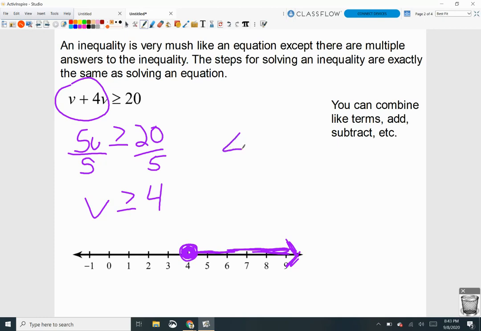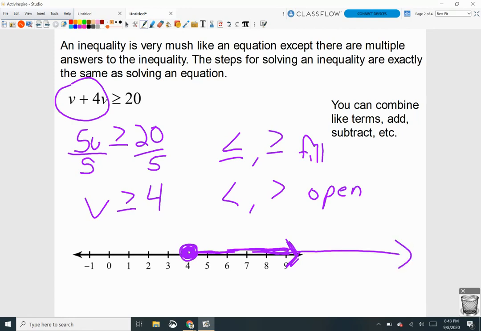For less than or equal to, greater than or equal to, you fill in the circle to show the equality. If it's strictly less than or strictly greater than, you're going to leave that circle open. Shading in the end of the number line shows that this thing goes on forever, and I have all of the solutions out there to the right. 10, 11, 12, 15 million, they're all possible solutions.